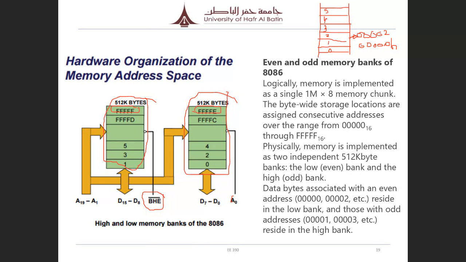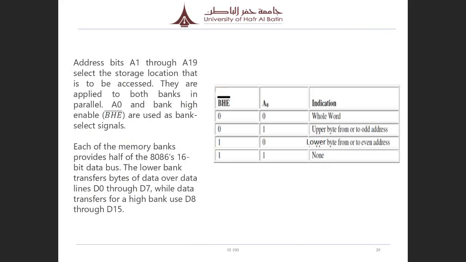So A0 is connected to the even address block, and bank high enable is connected to the odd address block. These two together control which block is used, the even address block or the odd address block. If both are 0, we use both even and odd addresses, that means the whole word, used for 16-bit data operation, read or write.